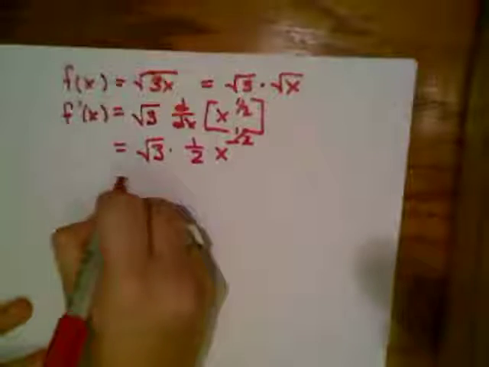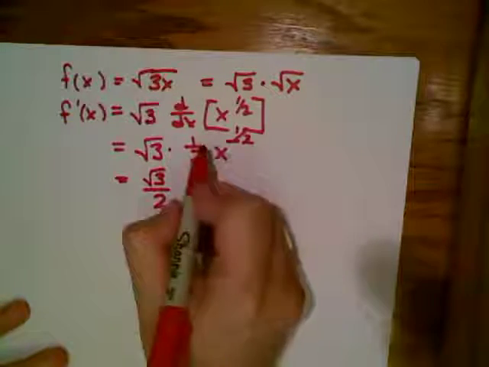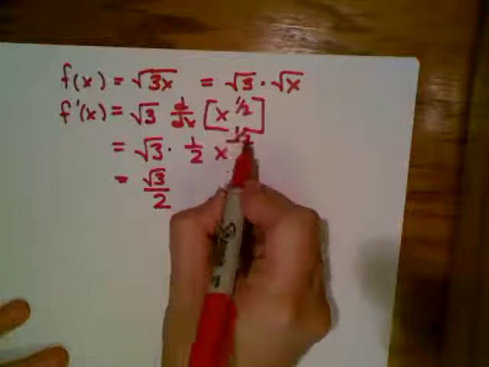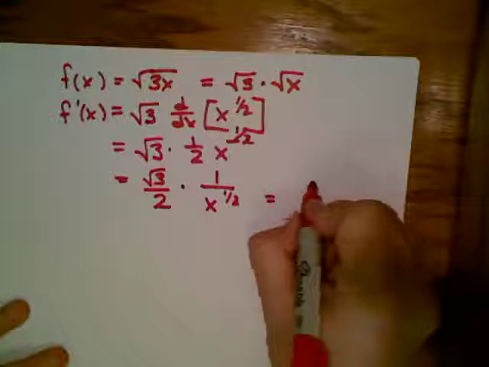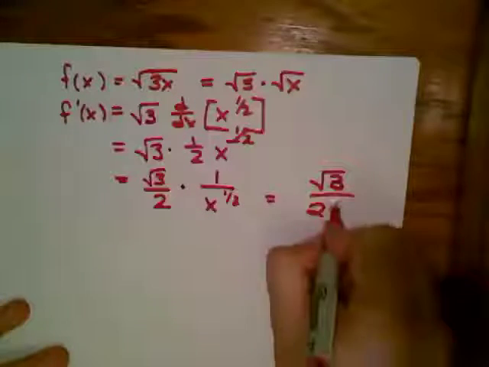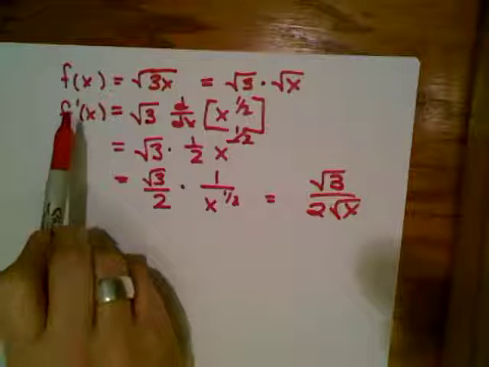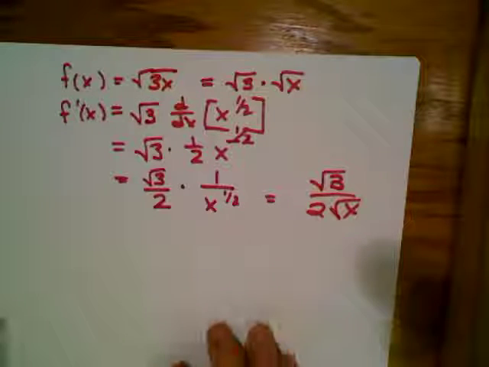Emphasize that that's negative. We can multiply the two scalars together, and if that's a negative power of 1/2, that's the reciprocal of x to the 1/2, and we do arrive at the advertised answer, f prime equals square root of 3 all over 2 square root of x.